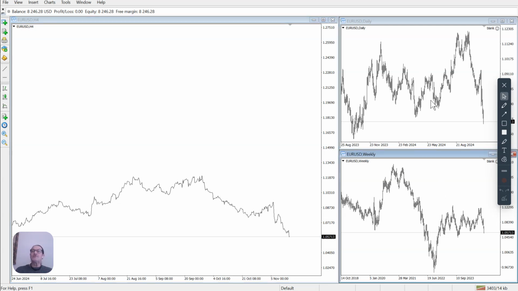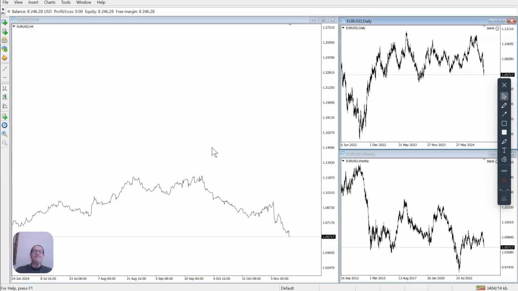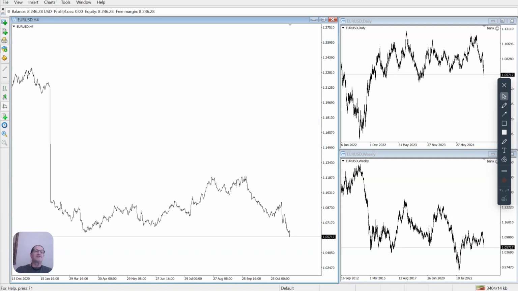First thing we're going to do for every chart we have is to zoom out to the absolute maximum, as far as we can go. Here we go. That's the first thing we do. Now, by looking at these charts, you can tell very quickly and very easily where there are support and resistance levels.